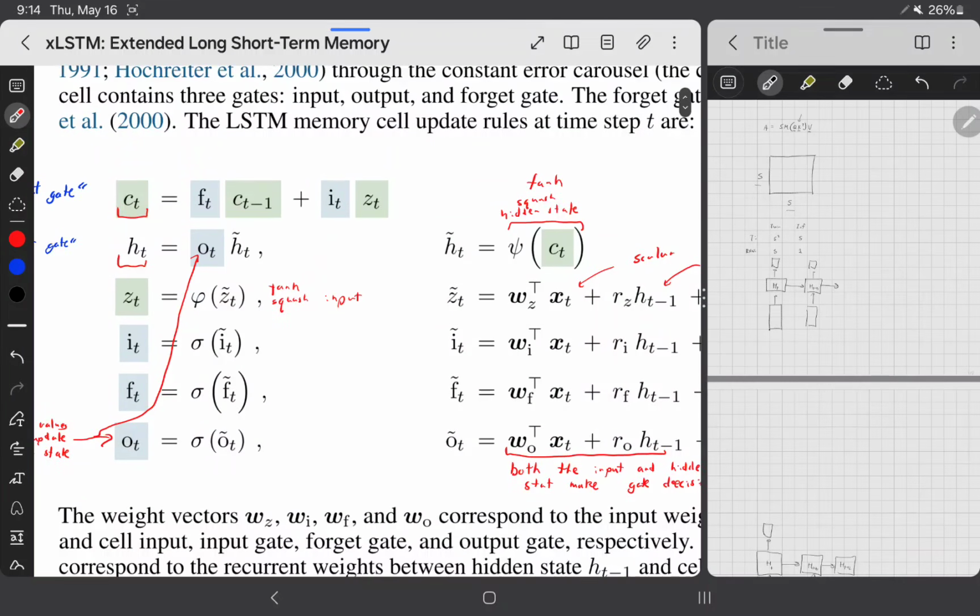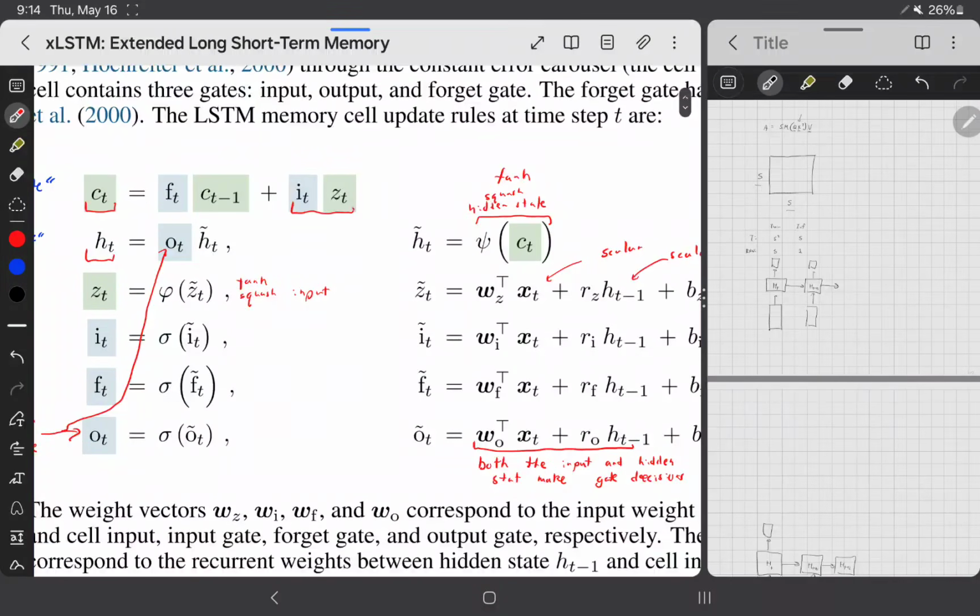So f of t is basically deleting or keeping old information. And then we have this new information, and what part of it do we want to add to the hidden state, and what part do we not want to add? That's what this gate does. This gate's deleting or keeping old information. This one is adding or not adding new information.